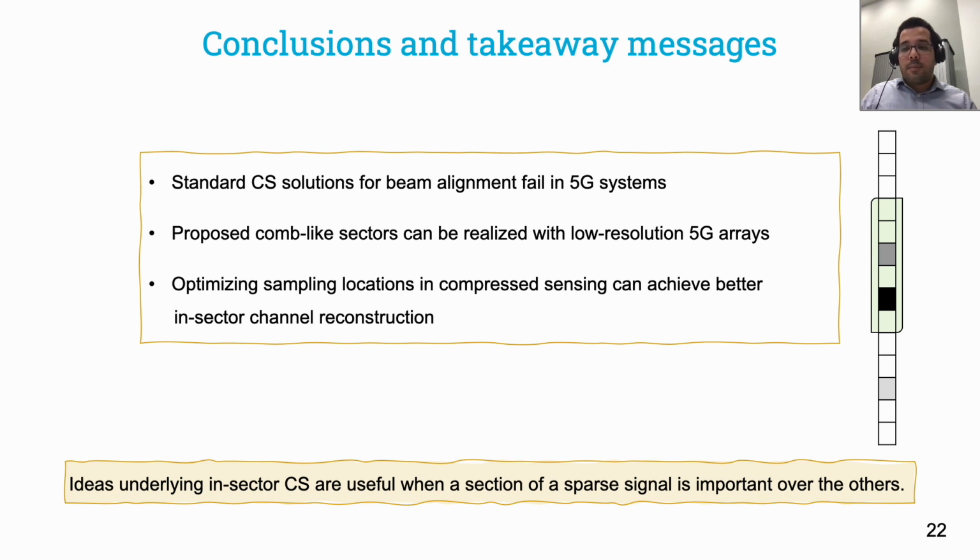Now, the takeaway message of this talk is that the ideas underlying in-sector CS can be used in applications that need to estimate some part of a sparse signal earlier than the other parts, like in MRI.